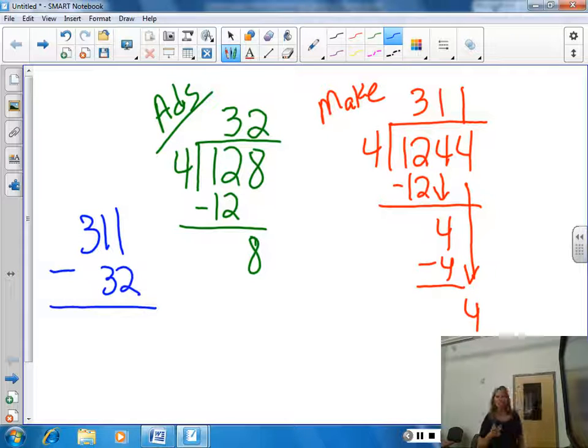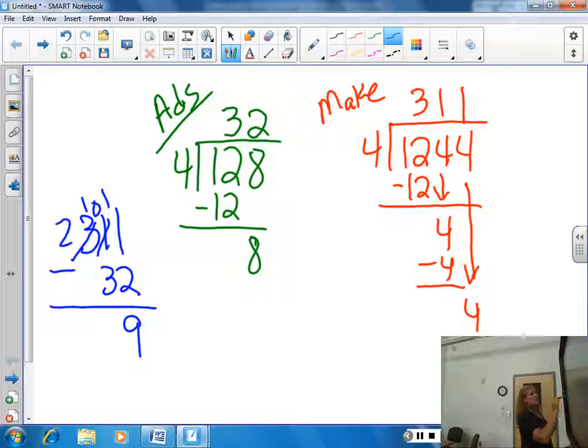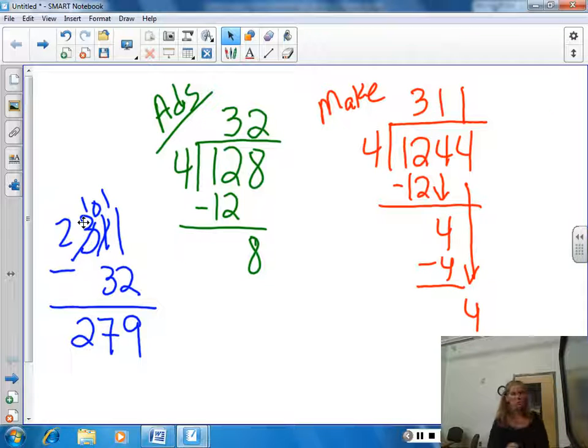So we have to subtract those two amounts to find their profit. 12 minus 2 is 10. We borrow from the 2. 10 minus 3 is 7. And so they had $279 profit for that garage sale each.